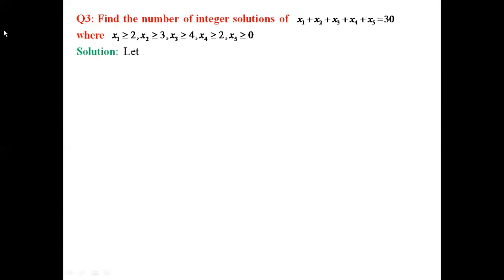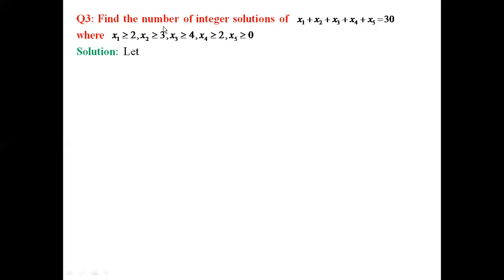So we recall the property about the number of integer solutions. The number of non-negative integer solutions will be C of n plus r minus 1 comma r ways.